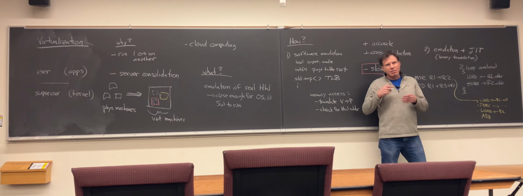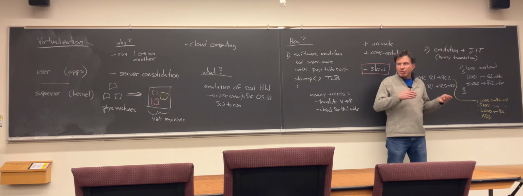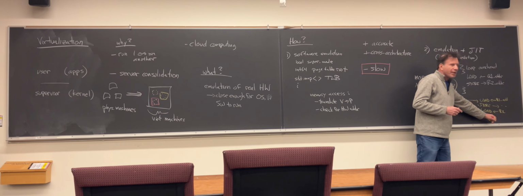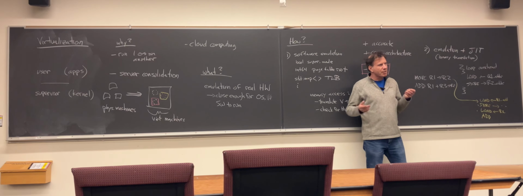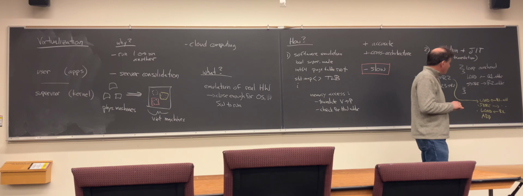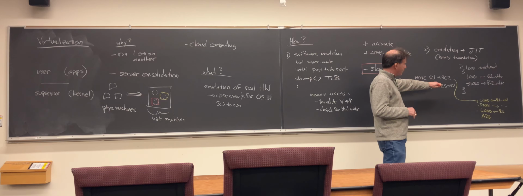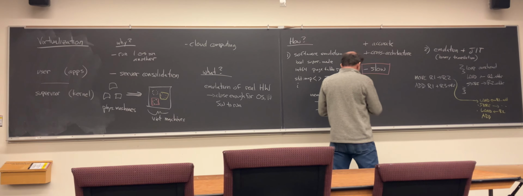And then when it reads each instruction, it checks to see, have I translated the code at this address? If I have, I jump directly to that code, execute it, and jump back. Otherwise, I keep interpreting. So this is a lot trickier to do.